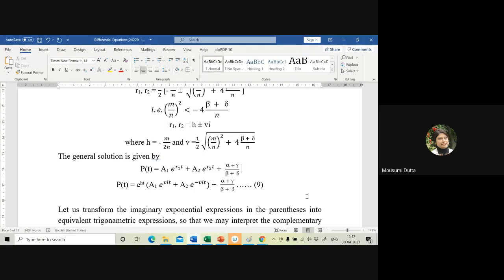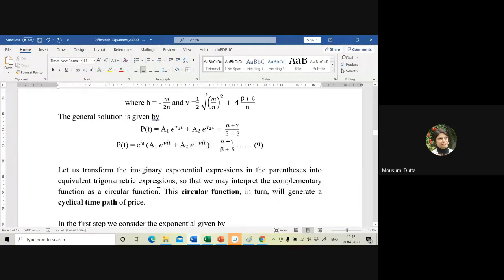Okay. So let's transform the imaginary exponential expressions in the parenthesis, that means e to the power vit and e to the power minus vit, this part, A1 e to the power vit plus A2 e to the power minus vit, into equivalent trigonometric expressions, so that we may interpret the complementary function as a circular function.